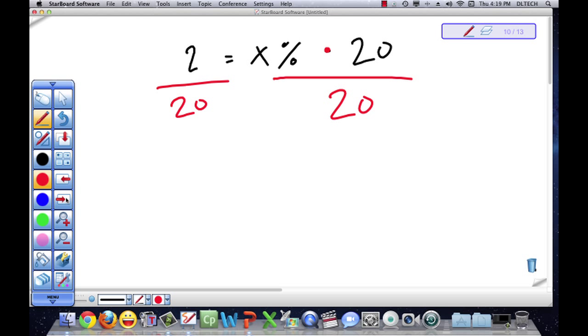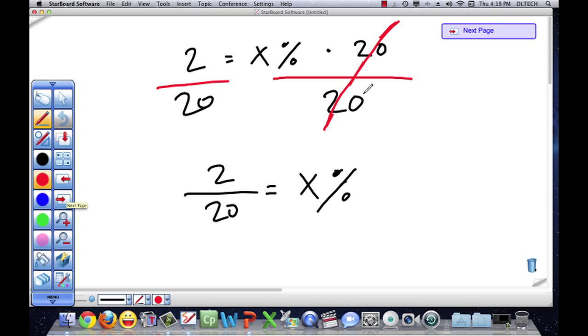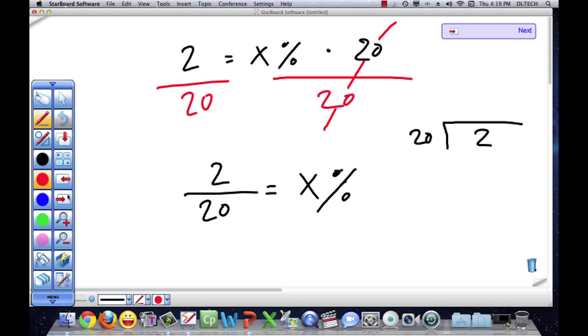Now we end up crossing this out because we don't need that anymore. Our new equation will be written as 2 over 20, or actually 2 divided by 20. X is by itself, that's what we wanted. So now we can go ahead and solve for that.